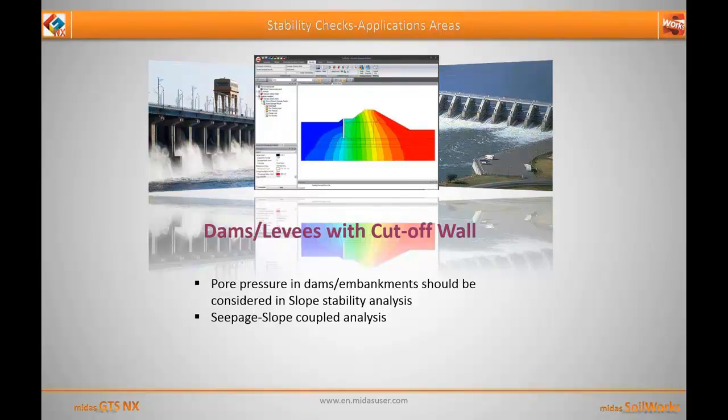So you should be able to perform a seepage slope coupled analysis so that you can consider the variation of pore pressure in the embankment or dam while considering slope stability. Seepage slope coupled analysis becomes very important.